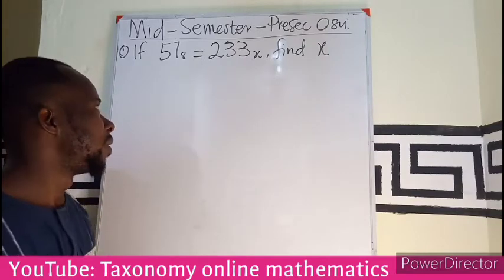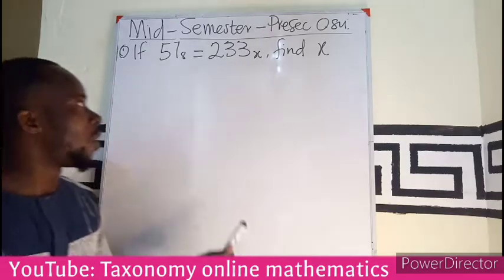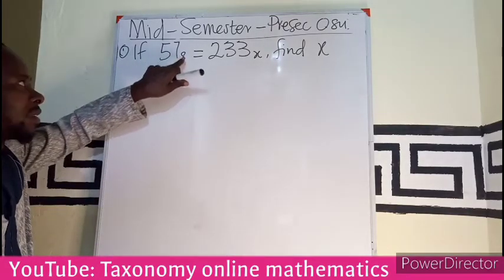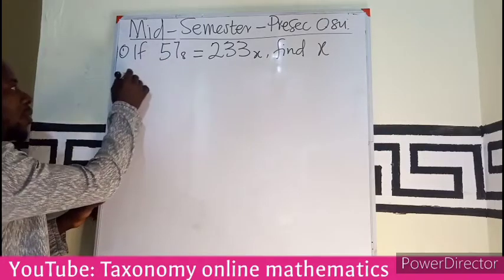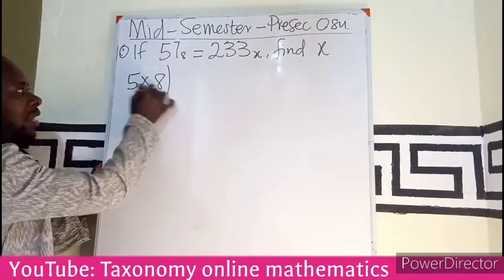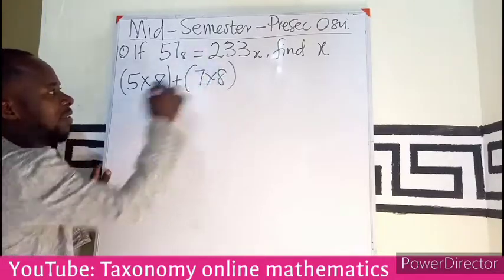So in expanding to base 10, we already know that we use the place value of each base to multiply each digit. So for example, we are going to have 5 multiplied by the base in one bracket plus 7 multiplied by the base.